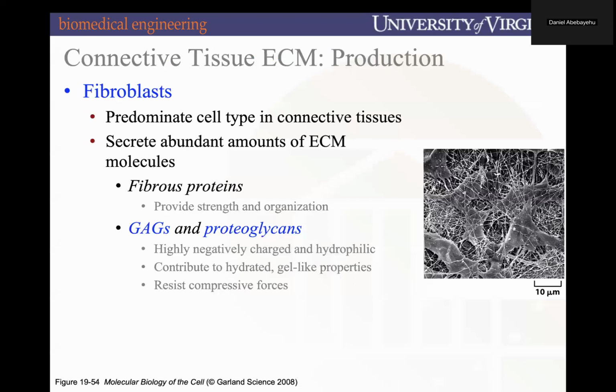Because you have the ECM in every tissue in your body, there are going to be unique fibroblasts in every tissue. They are the predominant cell type in connective tissue and the predominant cell type producing the ECM. They're producing fibrous proteins that provide strength and organization to the tissue. They're also the cell population that expresses and produces GAGs and proteoglycans.